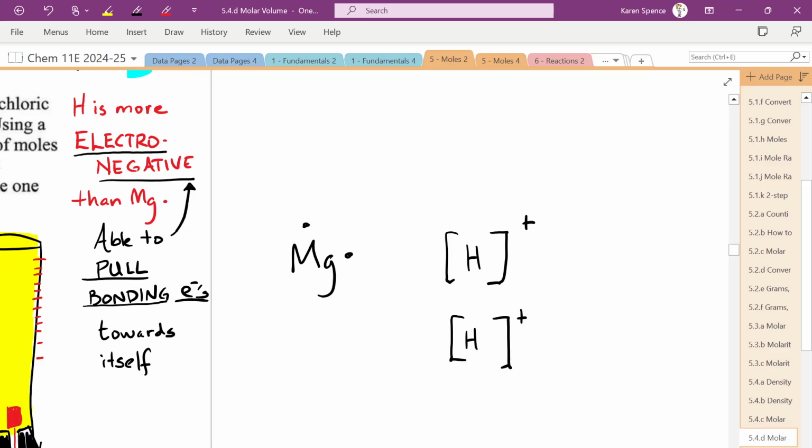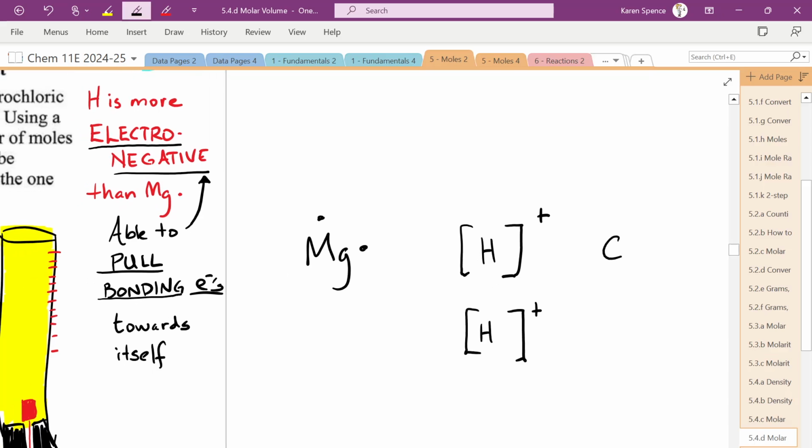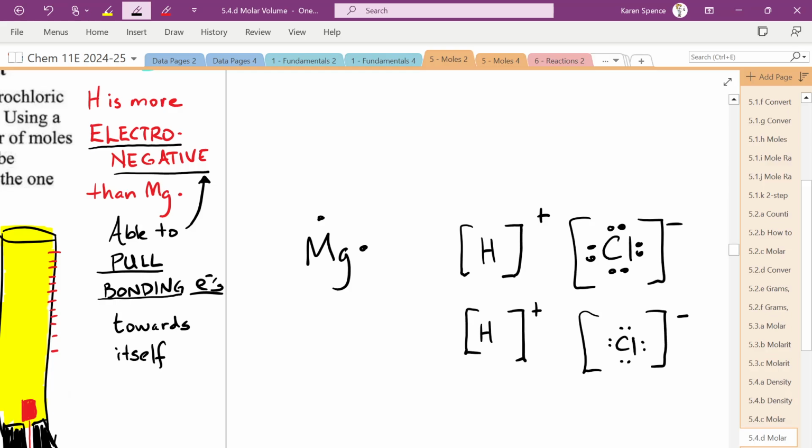And the chloride's just sitting around, not participating, but I'll draw it anyway for completeness. Now magnesium says, here, hydrogen, you take this electron, and here, hydrogen, you take this electron.